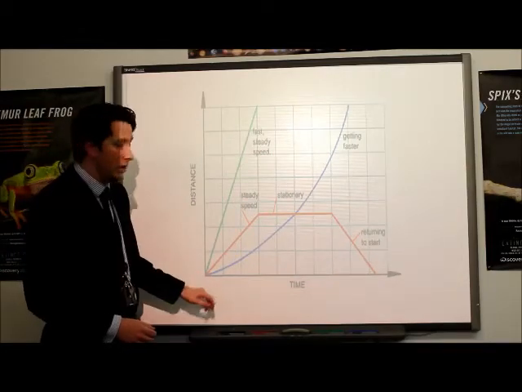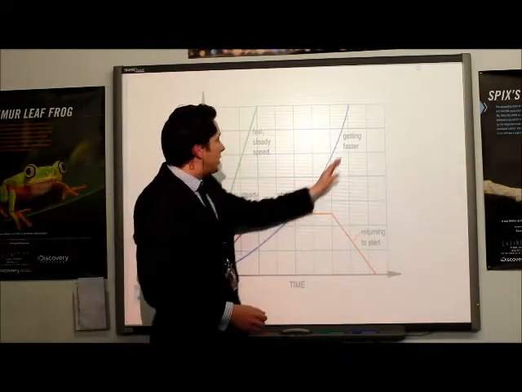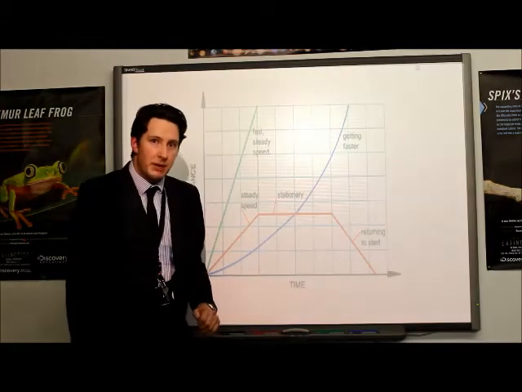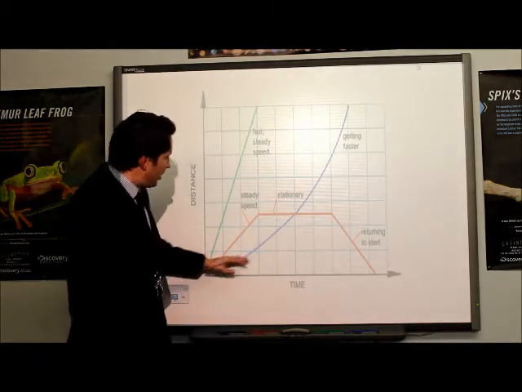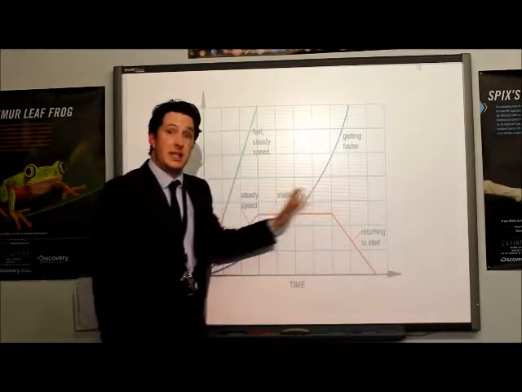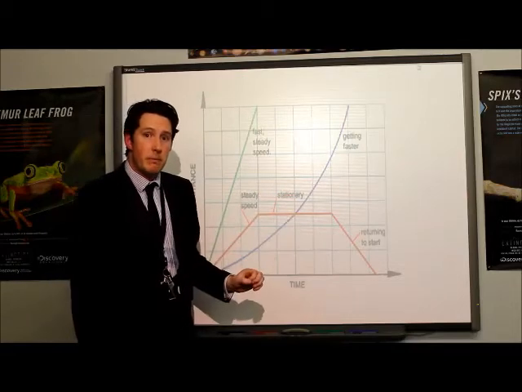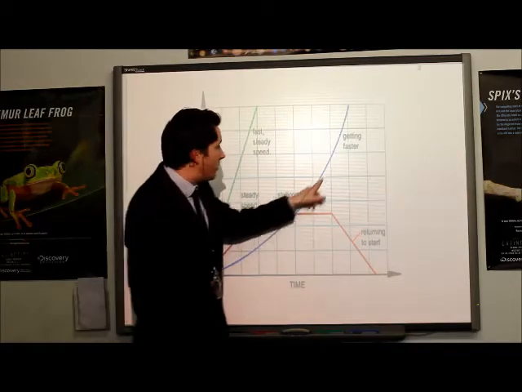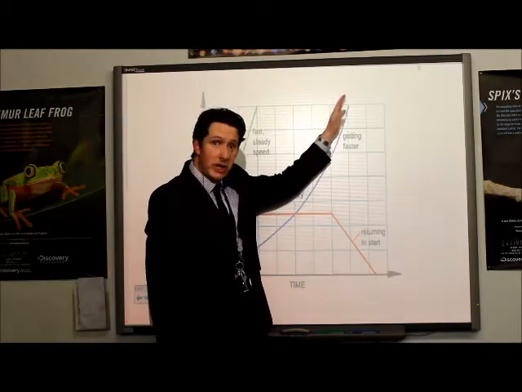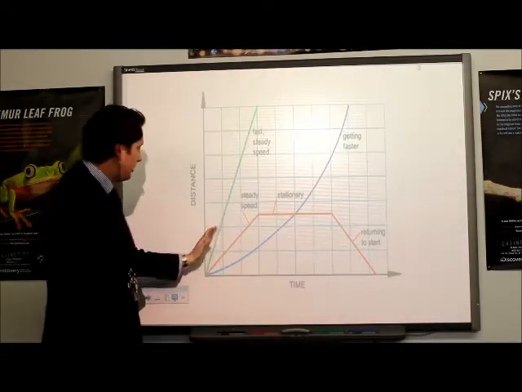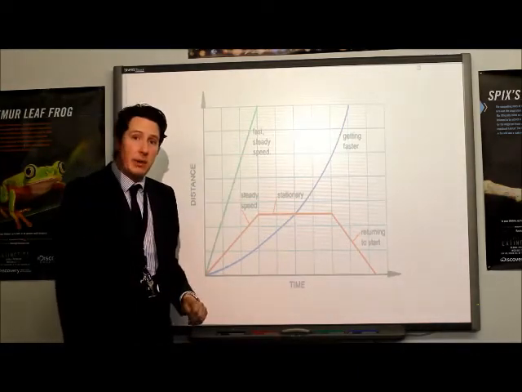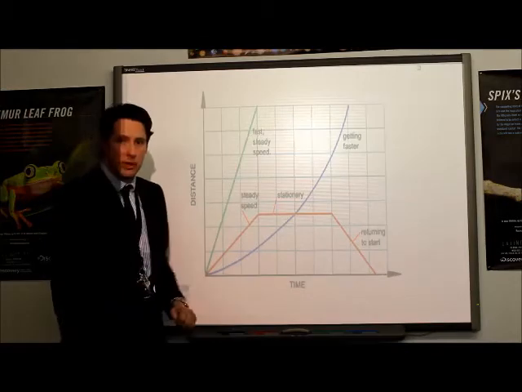This is zero distance. This curved line shows an object that's accelerating. So this object is not moving at its fastest speed, it's getting faster all the time. Only when the line becomes straight, if that line was to become straight after that point, similar to this line, would that be the fastest speed it was moving?